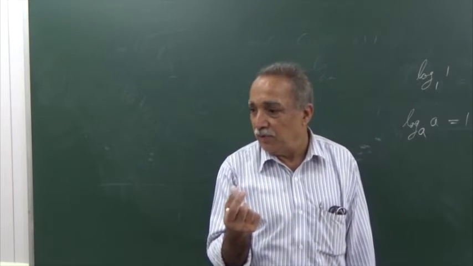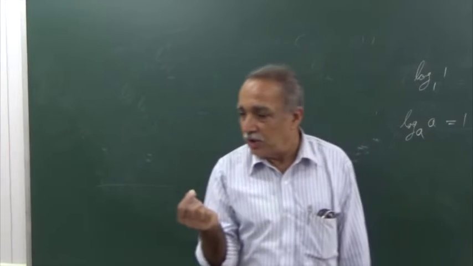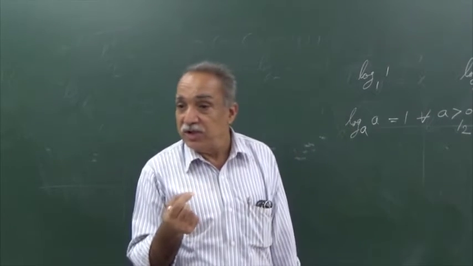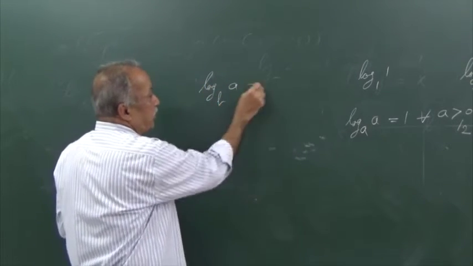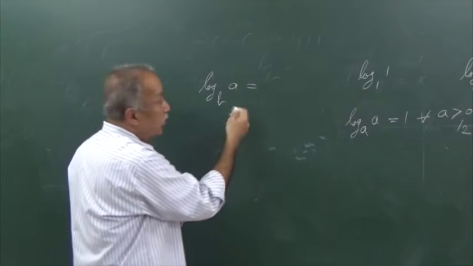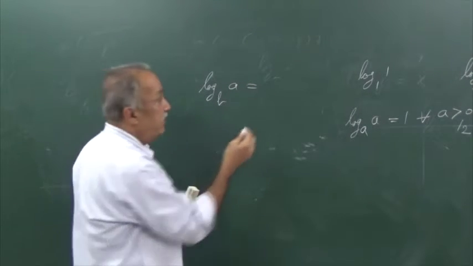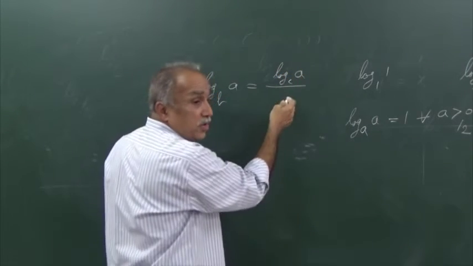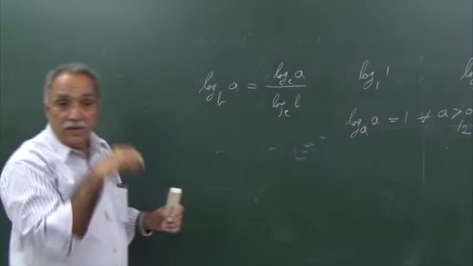For admissible values of a, you are not free to assign arbitrary values. Log a to the power n is n log a. Log of a base b, the change of base theorem states, assume that both are having admissible values. You may change the base to any base you find convenient. Yes. Any chosen base. Okay.